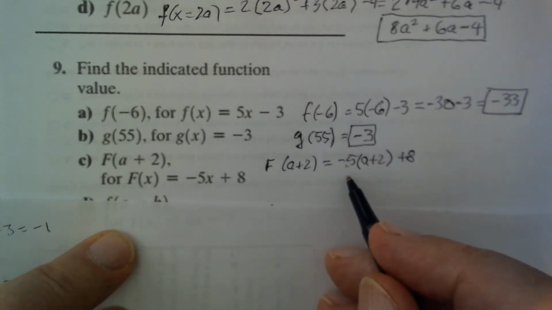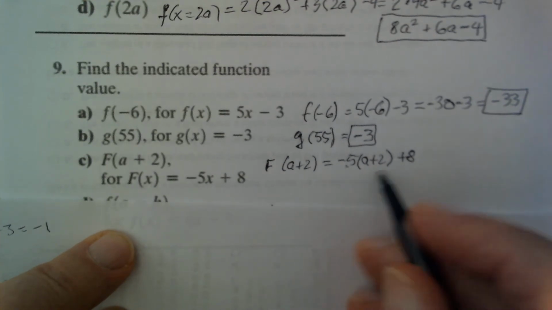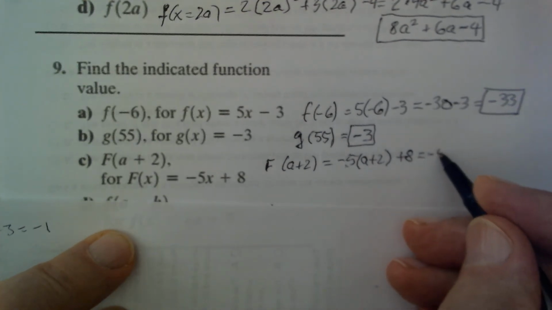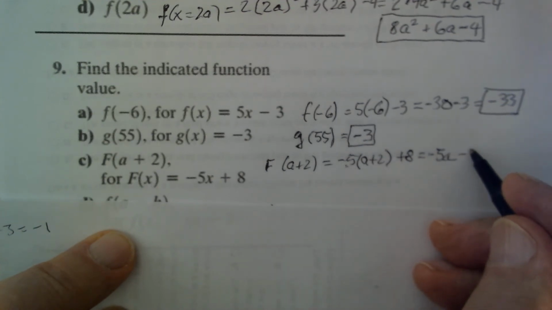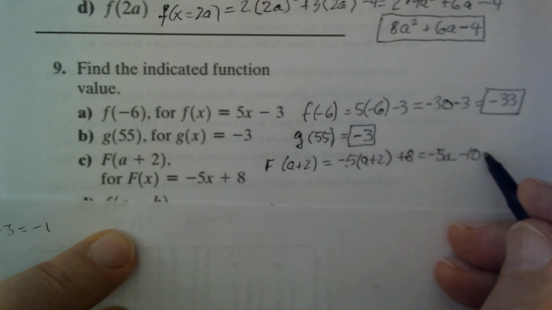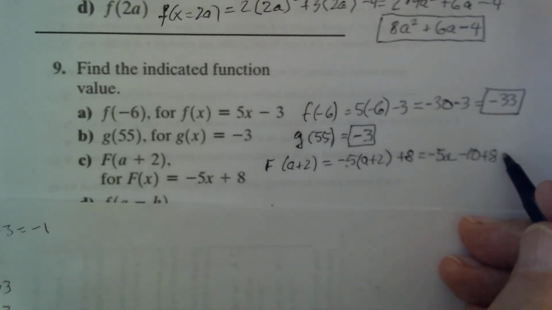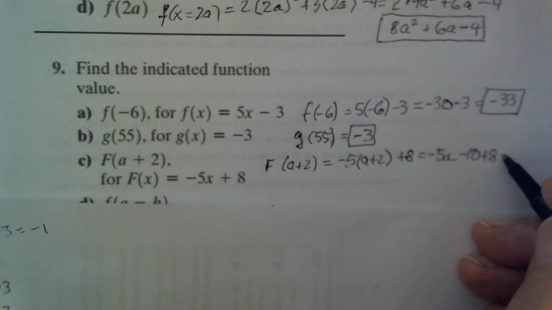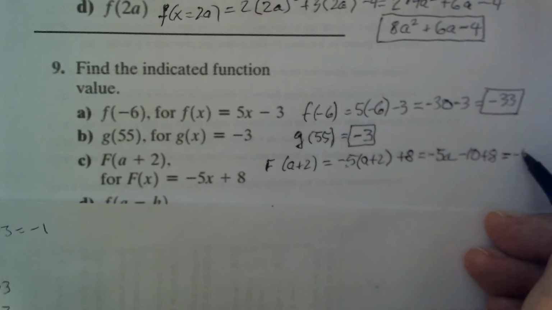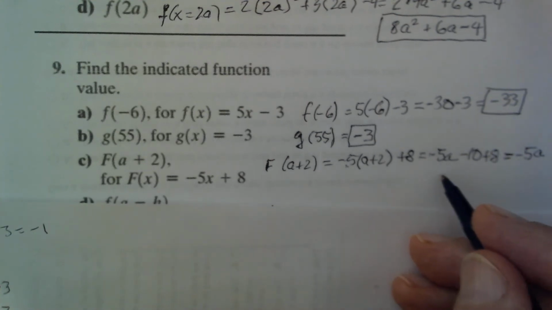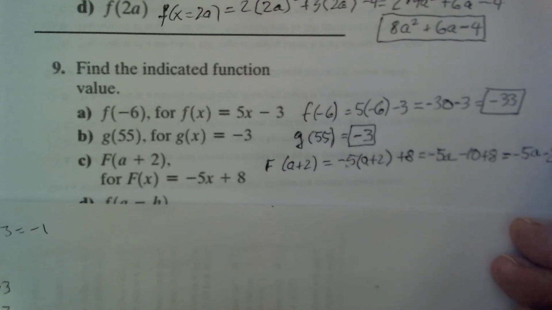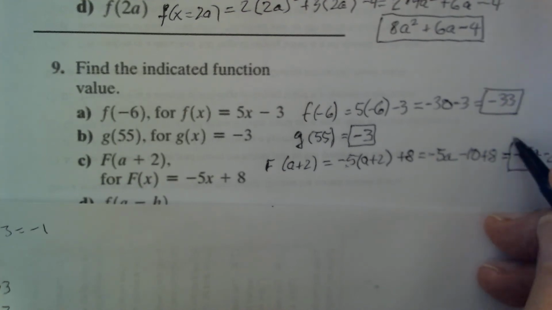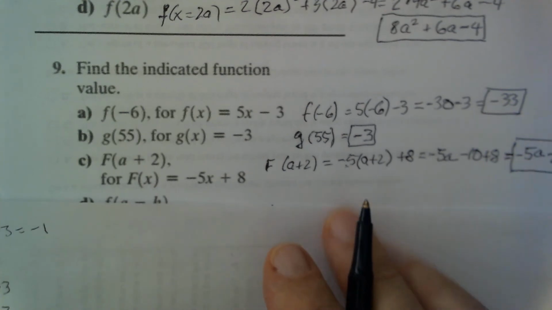Using the distributive property, this becomes minus 5a, and minus 5 times 2 is minus 10, plus 8. So that becomes minus 5a, and then there's minus 10 plus 8, that would be minus 2. So the answer is minus 5a minus 2.